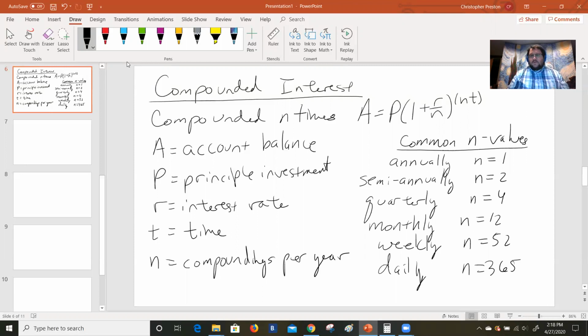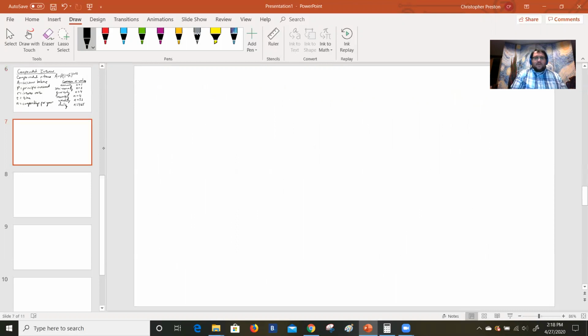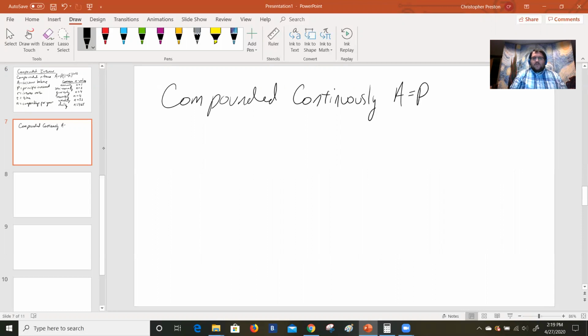So that's one type of interest. The second type of compounded interest is compounded continuously. And that formula is A equals P e to the rt power.